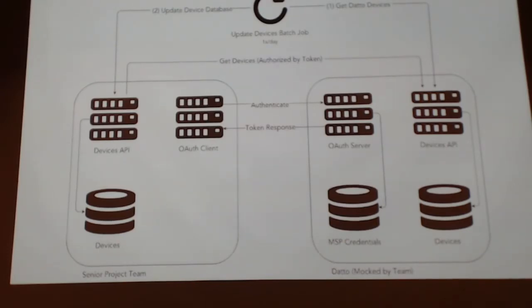So just starting from the top down, again, the daily batch job to update our devices, getting the devices once you are logged in. So once you do that pull request, well, what devices am I allowed to see? And your standard OAuth authentication, token response, auth codes. Those connection points, they'll just simply need to be redirected to the finalized data implementations. So that's why we went with that approach.